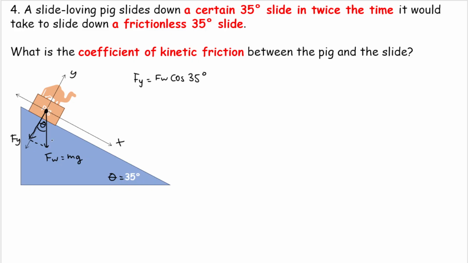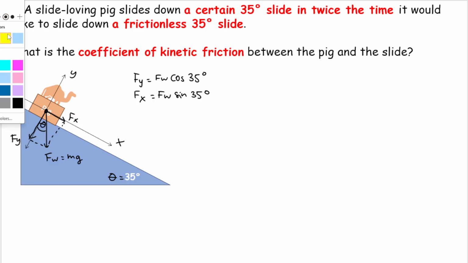Good. And here I will have the force in the x direction. Because this is cosine, this is obviously sine, so Fx equals Fw sine of 35 degrees. Because this is frictionless, the only force on the x direction is this Fx.